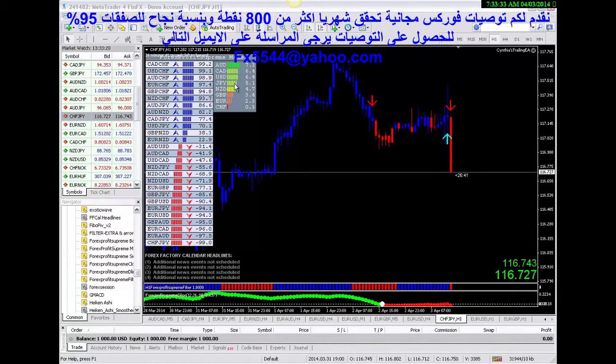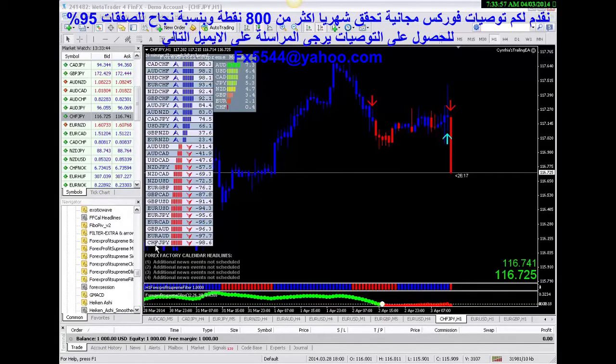It's a light green, but it's fairly strong. It's kind of average. Actually, the yellow color here is very average, so this is a little bit stronger than average. So they're selling the Swiss franc and buying the yen. You can see here the Swiss franc yen, very, very strong sell-off. Look at that. Really, really selling off.